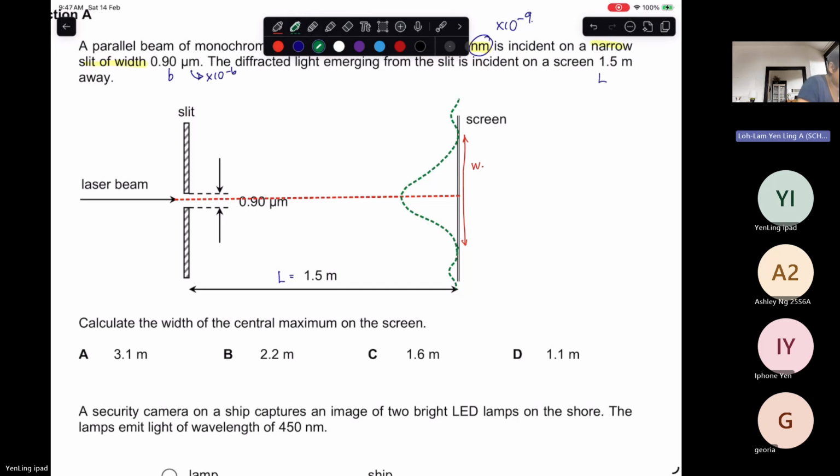For equations, what we have is, for single slit, if you recall, oops. Sorry.